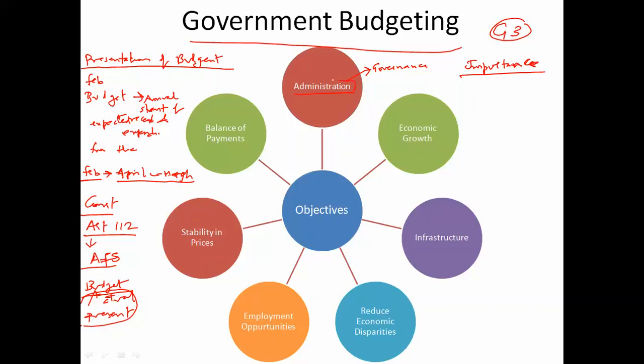So government allocates money for administration. Second, government through its policies promotes economic growth. Suppose government has come up with a policy called Make in India, and to make it a success, government allocates resources, allocates money and other resources.